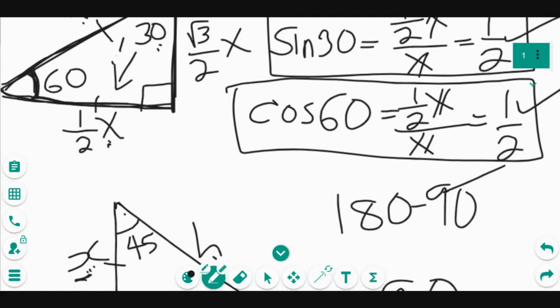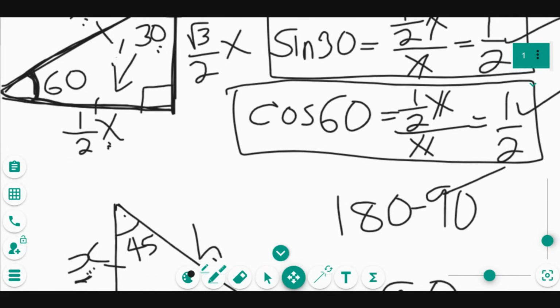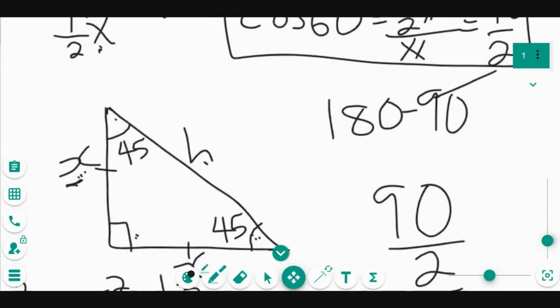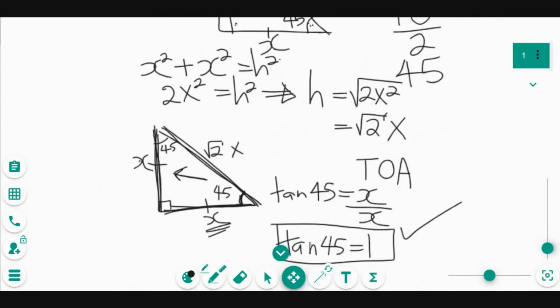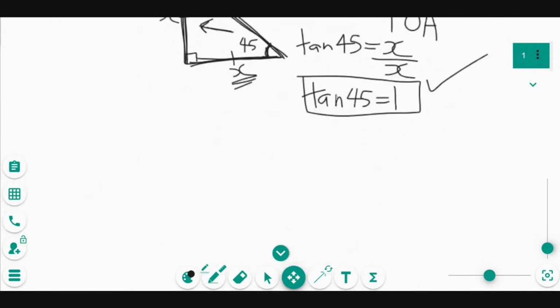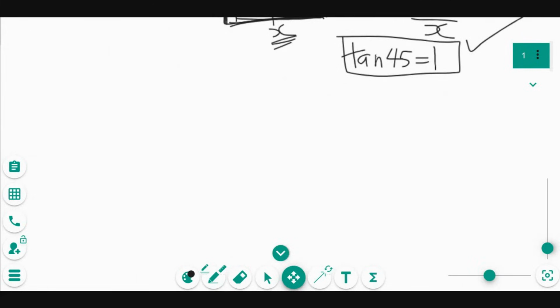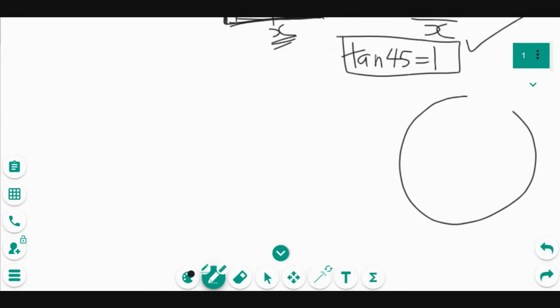Okay, so what we are going to do next is to see how we can represent these angles in a quadrat. Just a reminder, we had this as our quadrat.